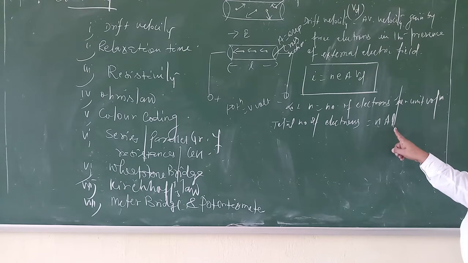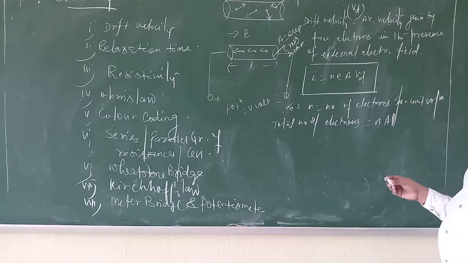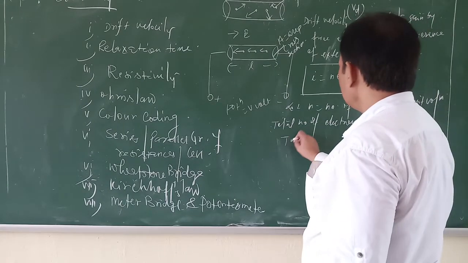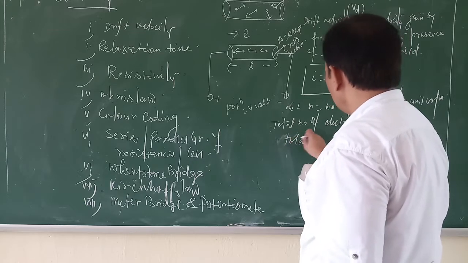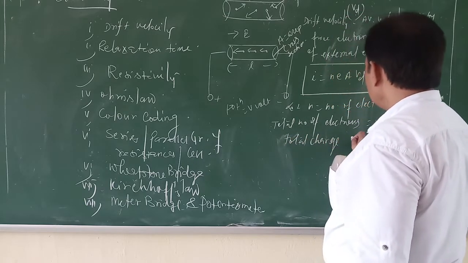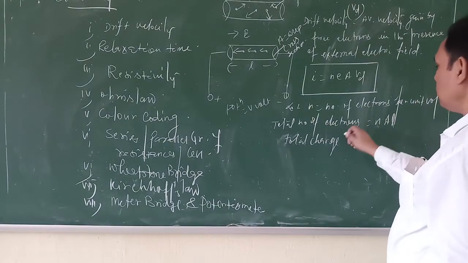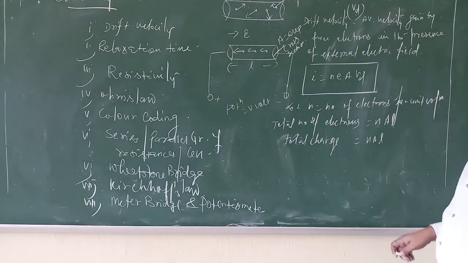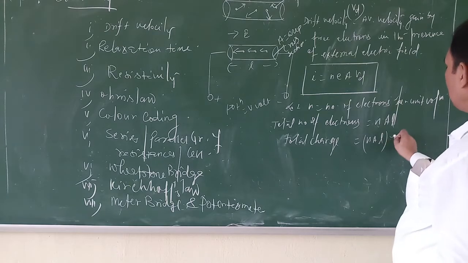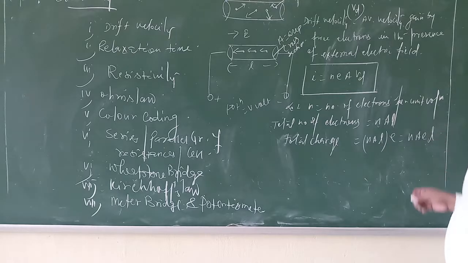Multiply the volume by the number of electrons per unit volume and you get the total number of electrons. Then the total charge: the charge on one electron is e, so the total charge is nALe.